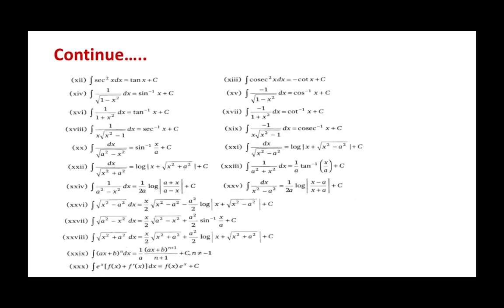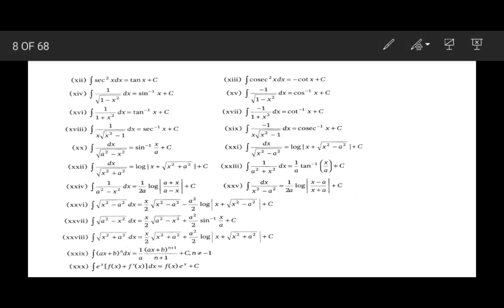Here are some more formulas which you have to remember. This is a very important formula set. We know that the integral of sec square x dx is tan x plus c, and the integral of cosec square x dx is minus cot x plus c.